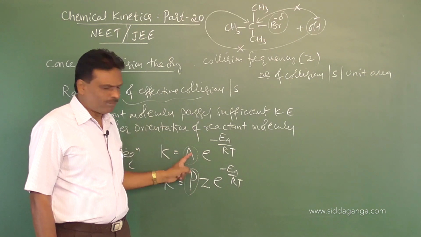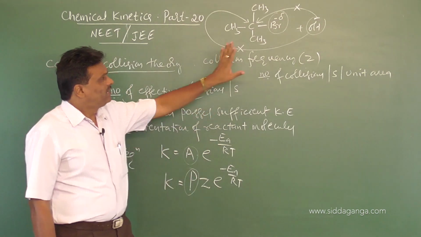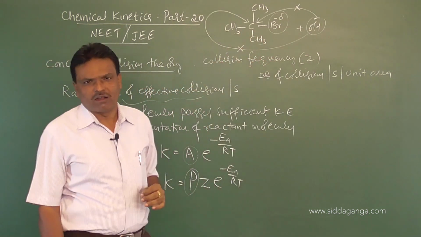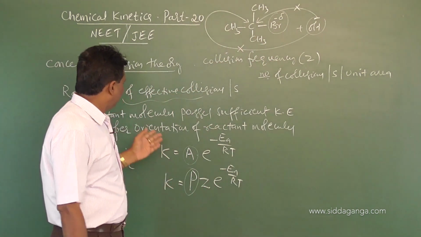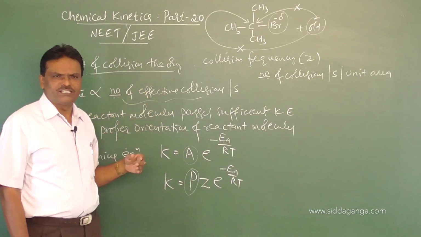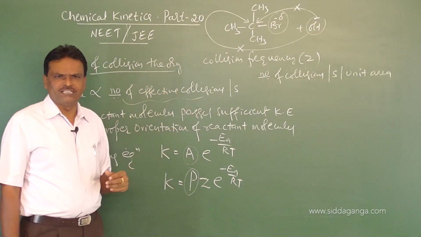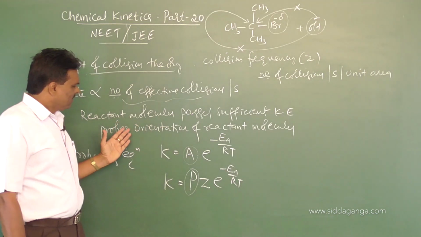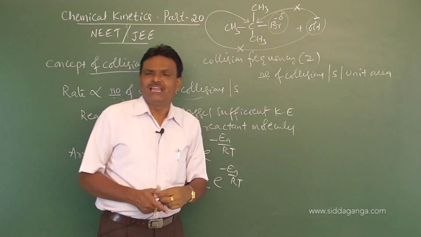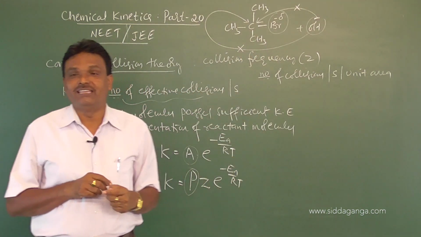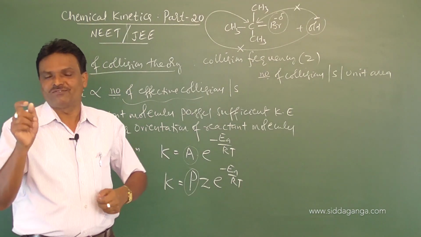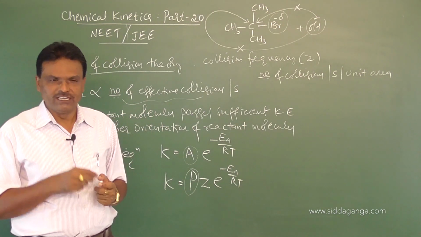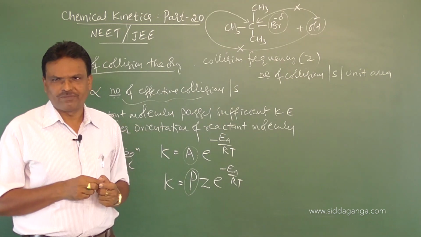So the rate depends on, apart from the activation energy or the sufficient kinetic energy, whether the molecules are arranged in a proper orientation, which leads to the formation of products. Is it clear?